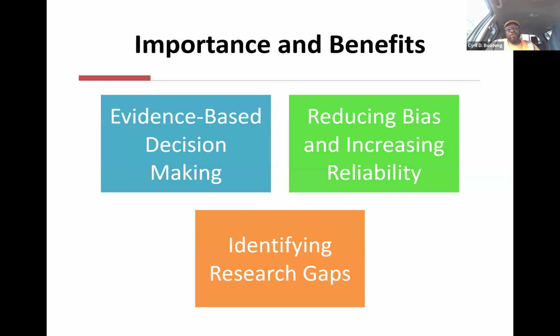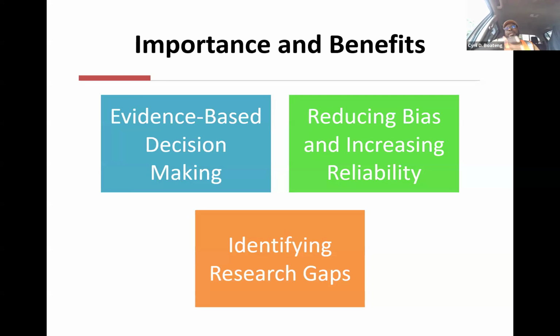and was trying to build evidence-based decision making, especially when you are working with policy. You want to get all the evidence out there, synthesize that information, and then move forward with a particular decision based on all the data that has been collected, instead of just looking at one study and using that as a basis for making any decision. And then also for reducing bias and increasing reliability.